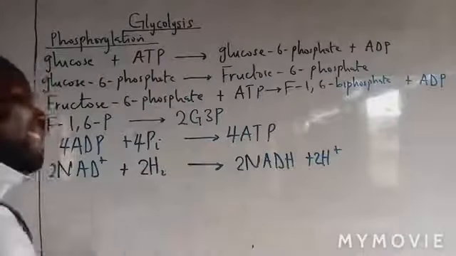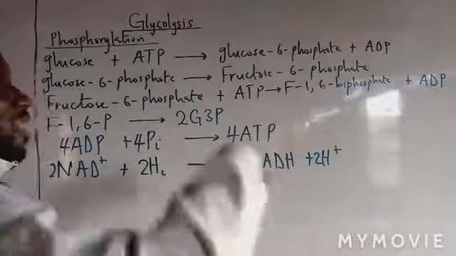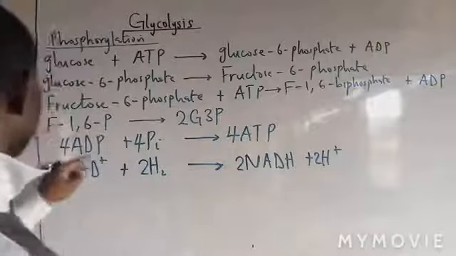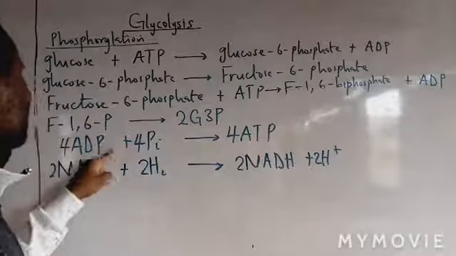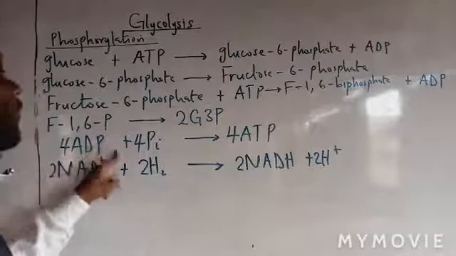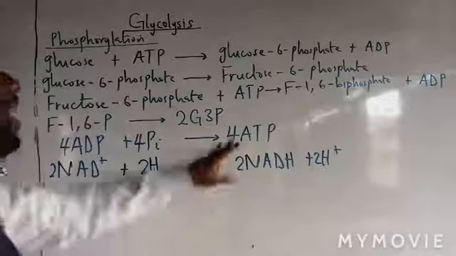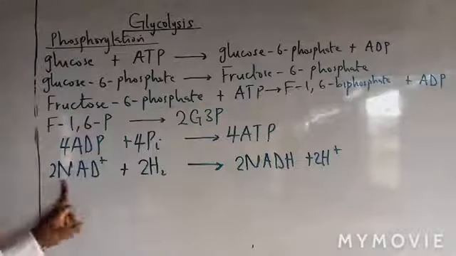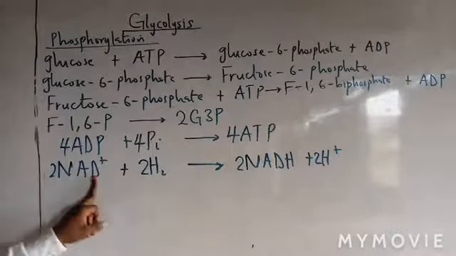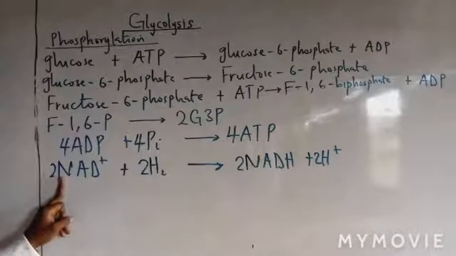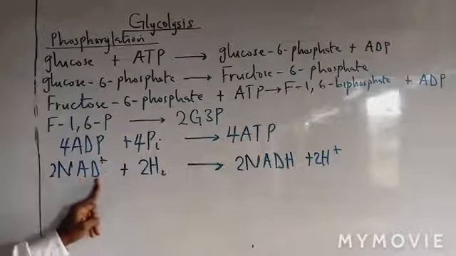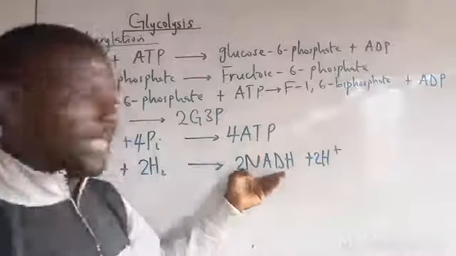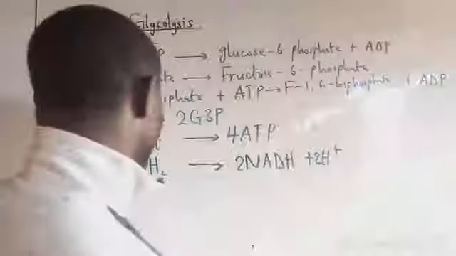When ADP takes inorganic phosphate from another compound, we have substrate level phosphorylation, and we get 4 ATP. NAD ion is an electron carrier. It reacts with hydrogen to give us NADH plus hydrogen ion.